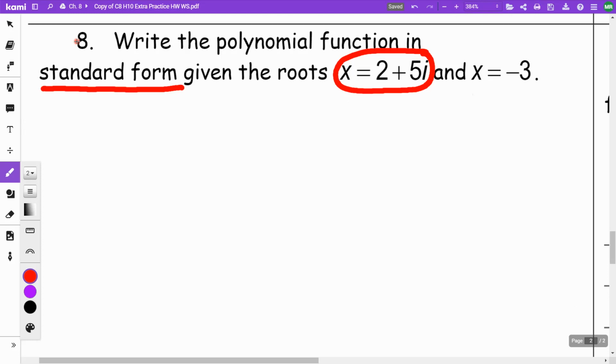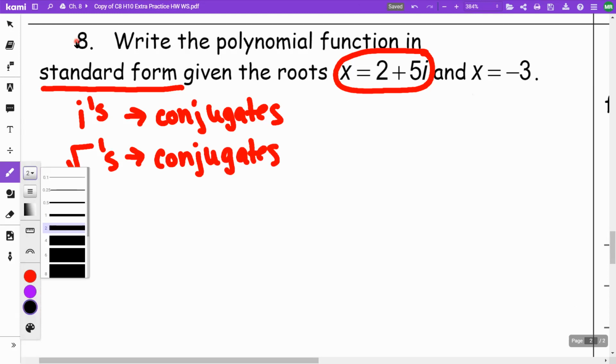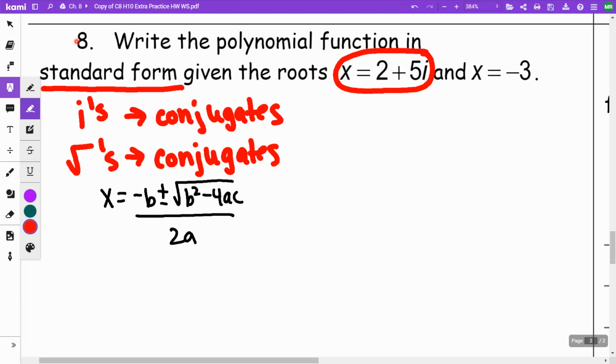So your i's are always going to have conjugates, and your square roots, because i is really a square root, but if it's just a square root and it's positive, you're also going to have conjugates because of the quadratic formula, x equals negative b plus or minus the square root of b squared minus 4ac, all over 2a. So right here, this plus or minus, that's giving us our conjugates. And notice that the plus or minus is in front of the radical, which would either give me an i or a square root if it was not a nice number.